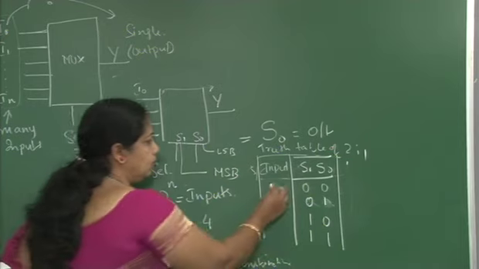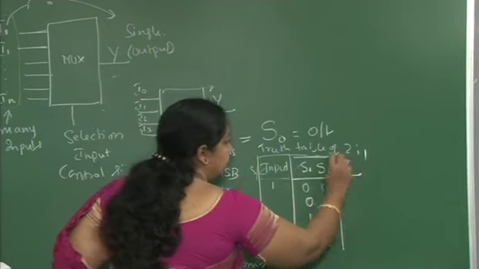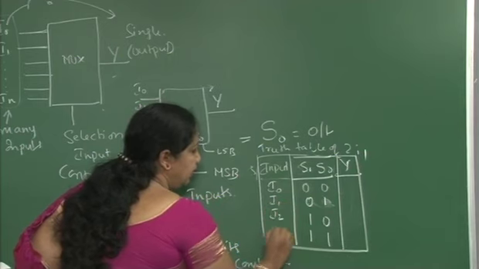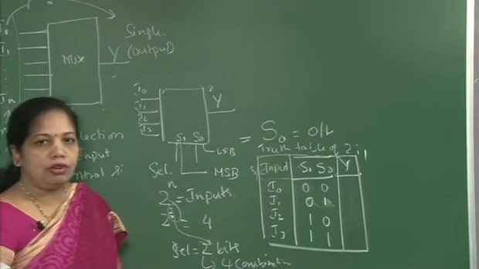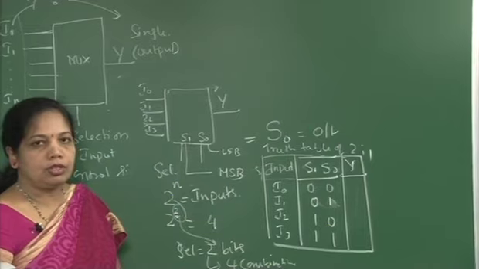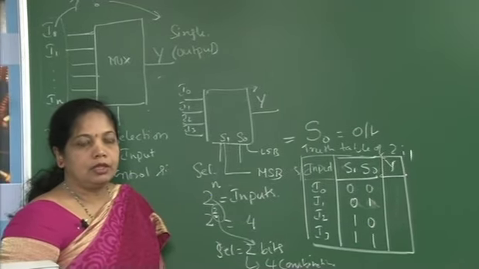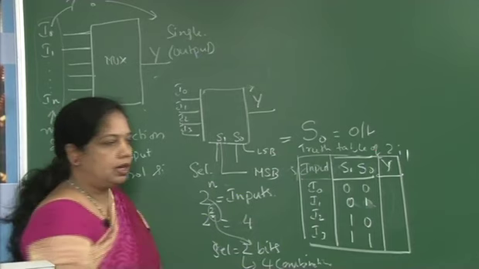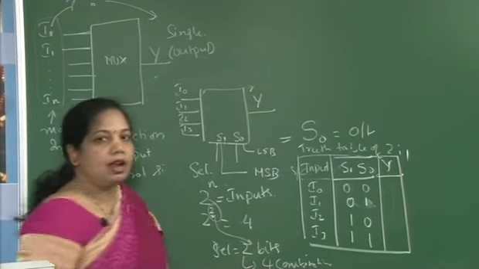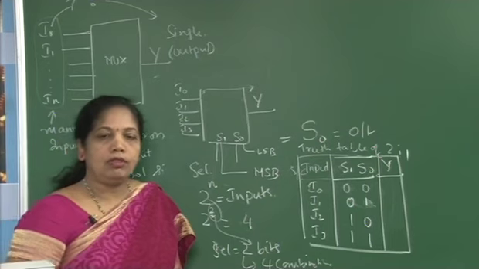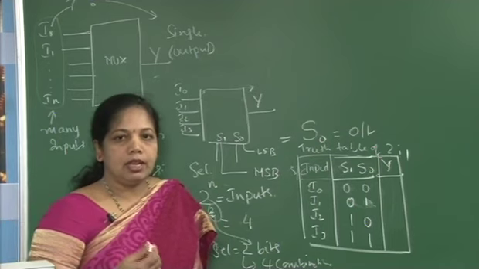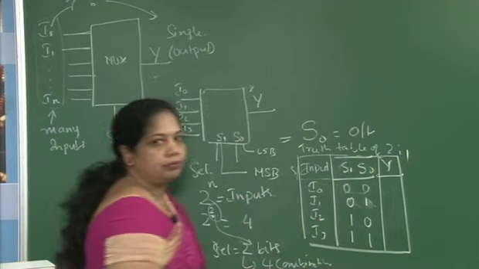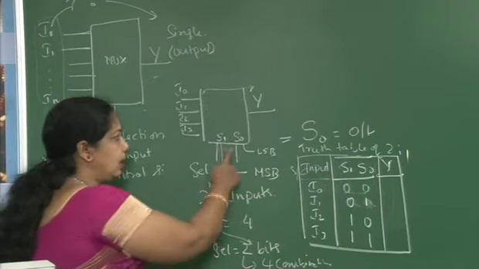Now what will be my output? I have got 4 inputs. Out of these 4 inputs, I am going to select 1 at a time. That is what a multiplexer does. A multiplexer is a device which has many inputs and a single output. The selection depends on the bits you apply here.